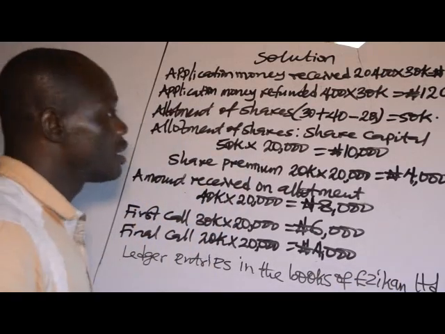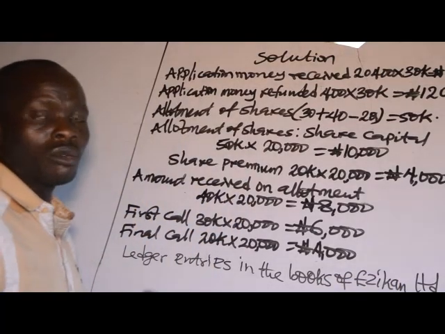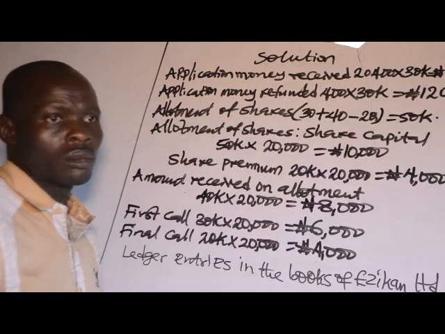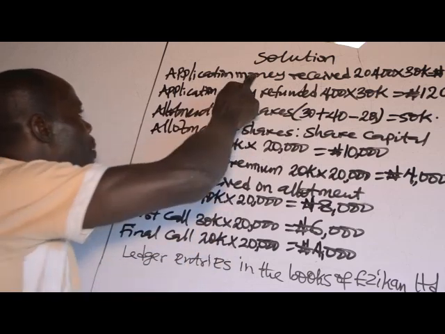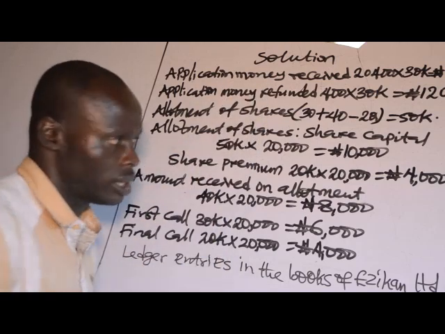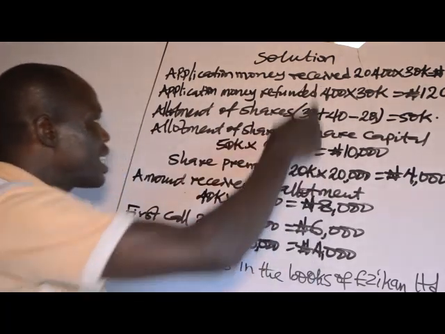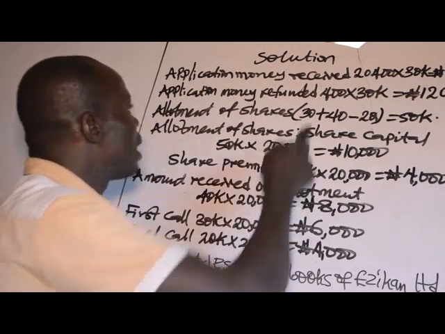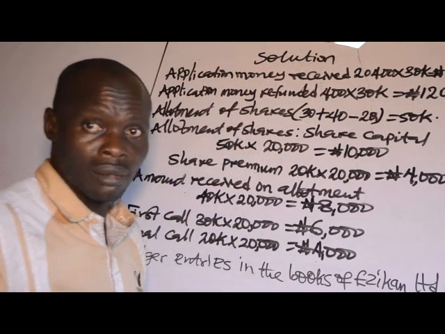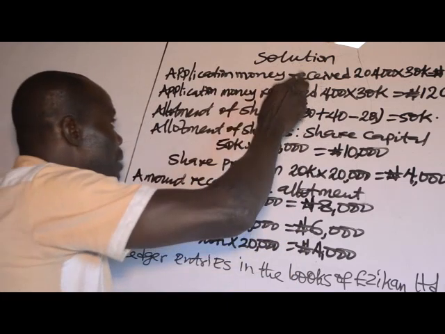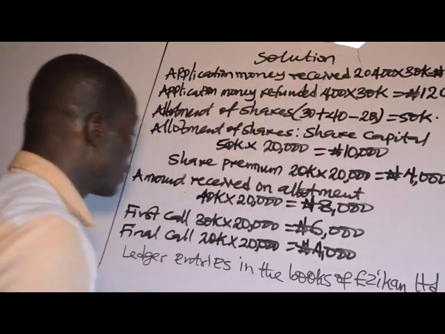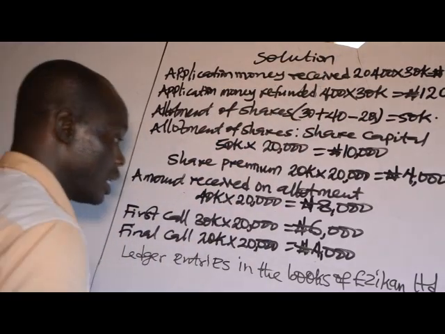I've told you that when shares are issued, upon the application for the shares, the applicant will pay money to the company, and the company will receive the money through their bank account. In that case, you debit the bank account and you credit application and allotment account.